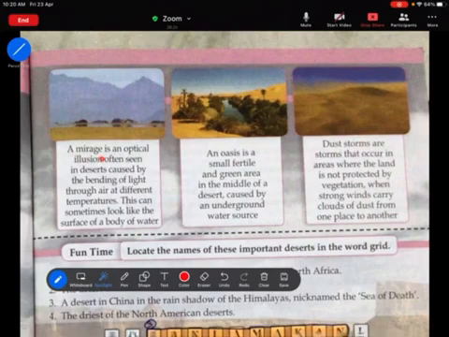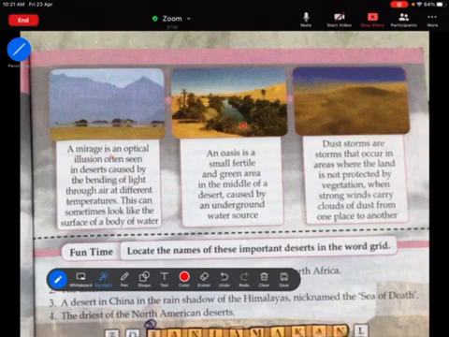A mirage is an optical illusion often seen in deserts caused by the bending of light. It's physics. Bending of light through air at different temperatures. This can sometimes look like the surface of a body of water. Sometimes while driving on long roads, you see like that water is there on the roads. It is an illusion that is called mirage.